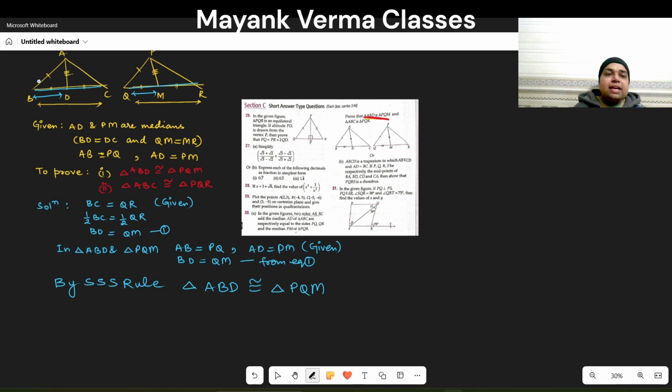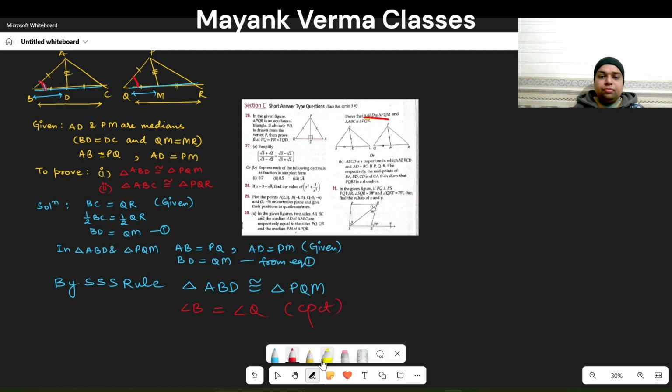And by CPCT, can I say that this angle B is equals to angle Q? Because in the second part I need to prove these bigger triangles congruent, right? So that is why we are doing this. So I can say that angle B will be equals to angle Q by CPCT.